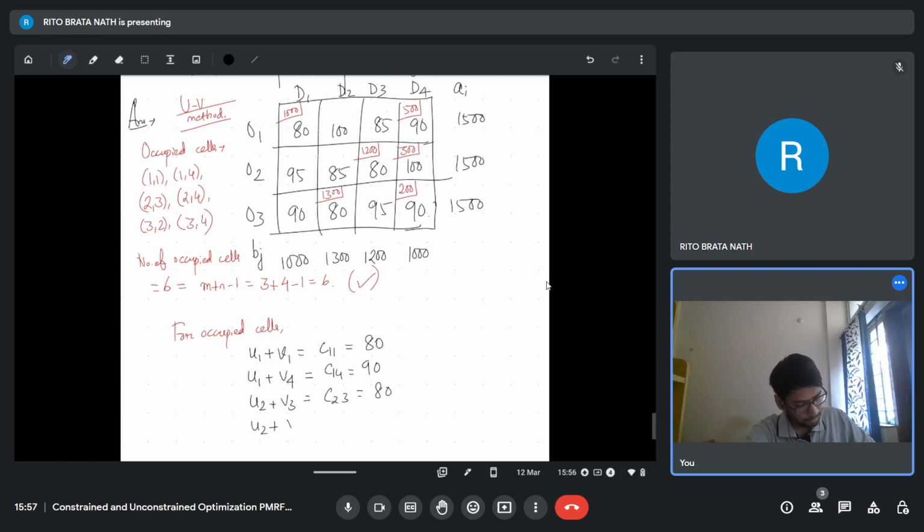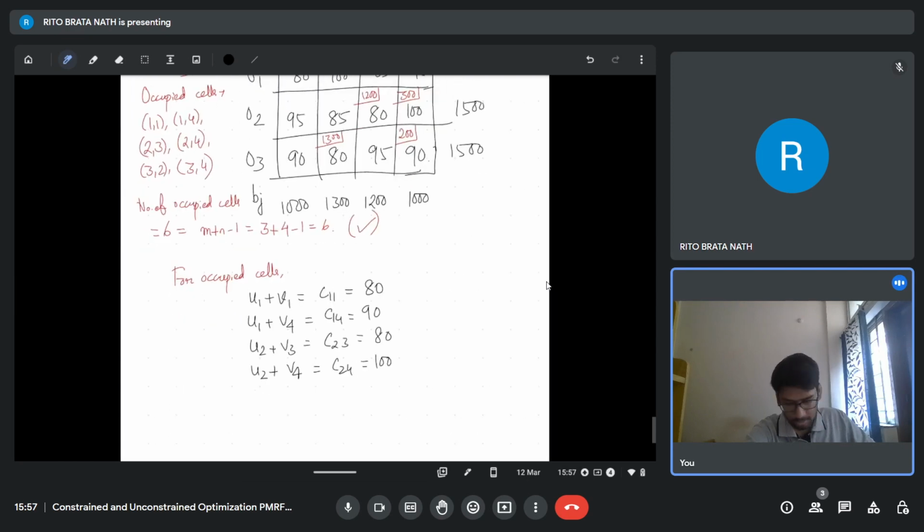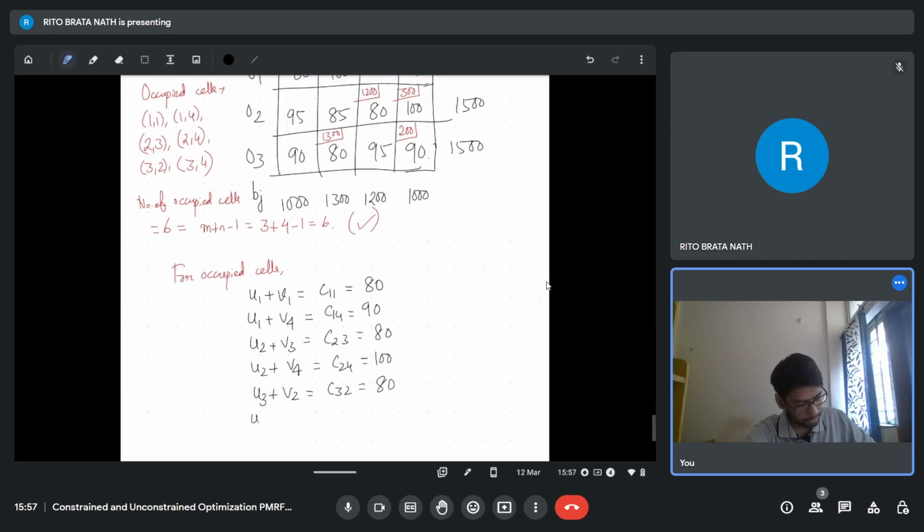U2 plus V4 equals C24, which is 100. Then U3 plus V2 equals C32, which is 80. And finally, U3 plus V4 equals C34, which is 90.